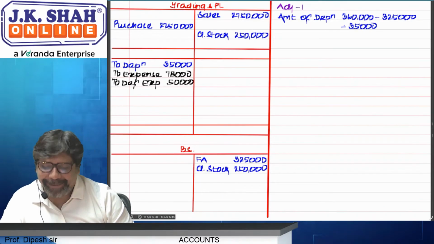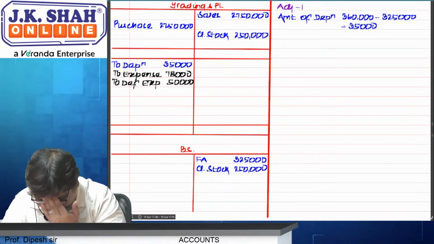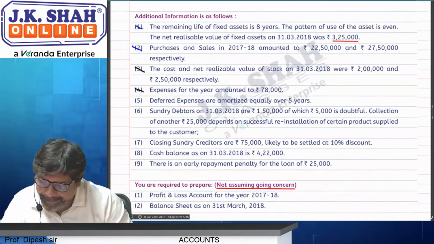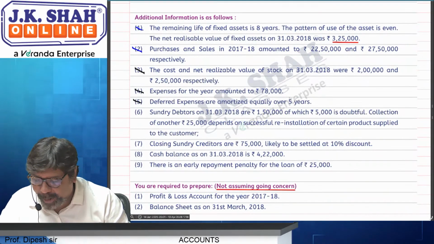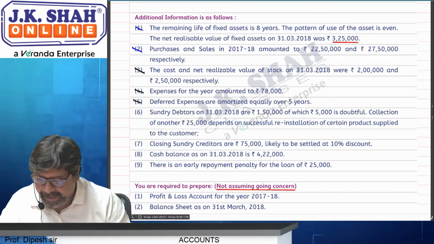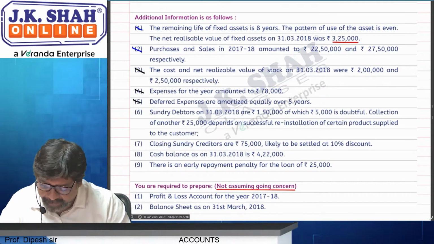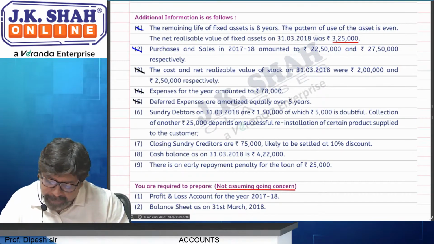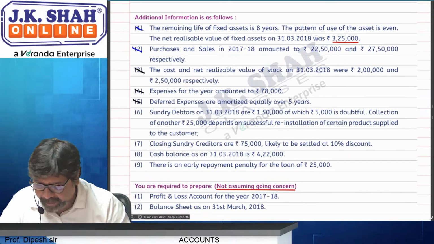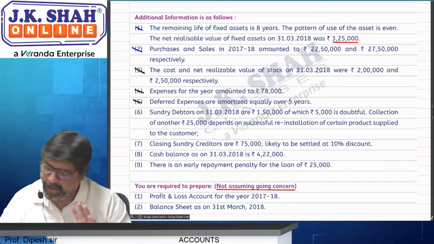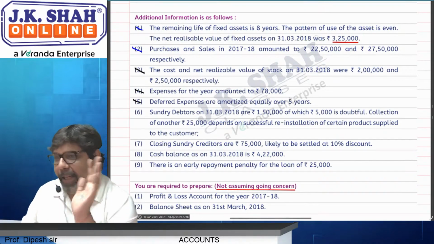Deferred expenditure 50,000. Thereafter, number 6. Debtors on 31st of March 2018 are rupees 1,50,000, of which 5,000 is doubtful. Collection of another 25,000 depends on successful reinstallation of certain products supplied to the customer. मतलब 5,000 तो नहीं मिलेगा.